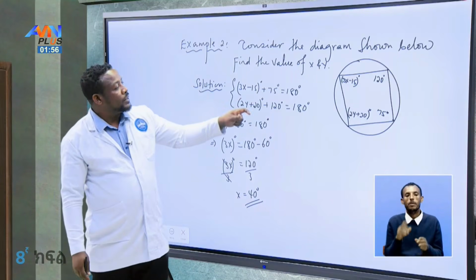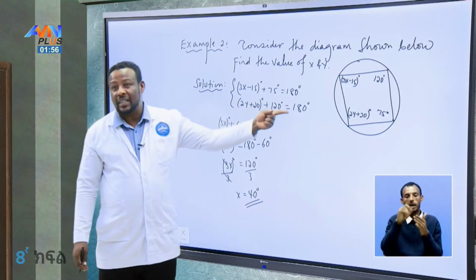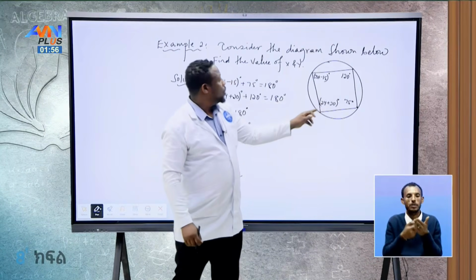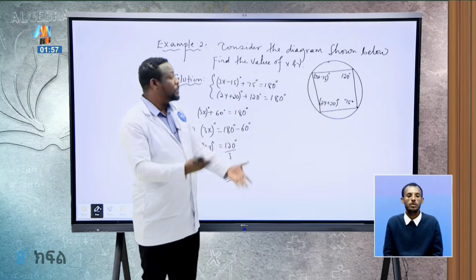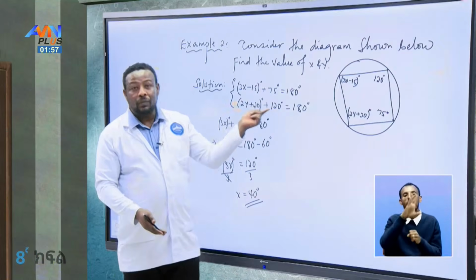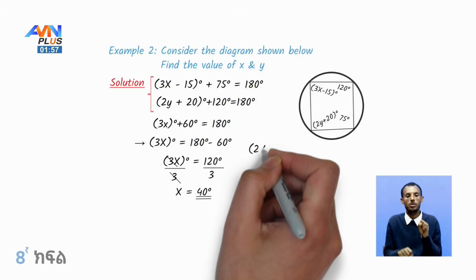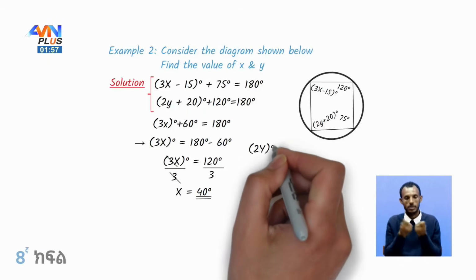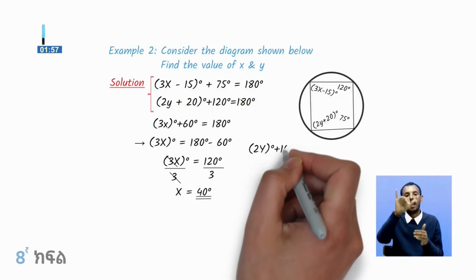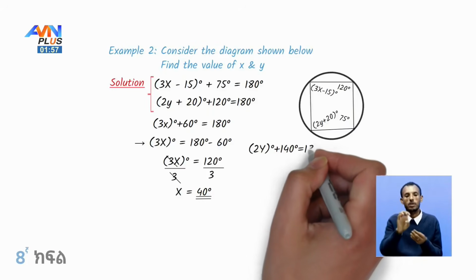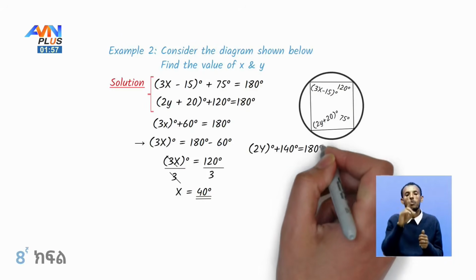To calculate the y value, you can take the second equation. The sum of these two forms supplementary angles, so you can solve this one for y. Collecting like terms, this gives us 2y degrees plus 140 degrees equals 180 degrees.